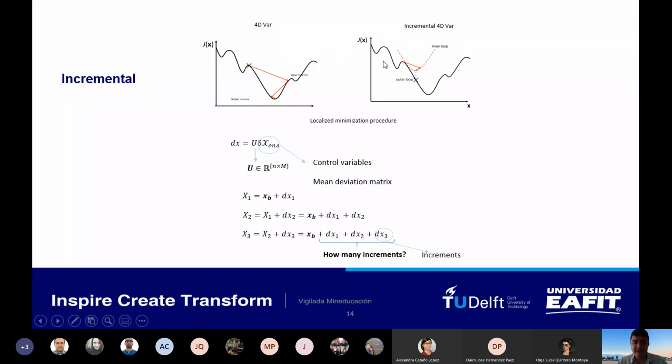In this graphic, you can see the difference of two methods of minimization, and you have the risk in the 4D-Var that if you have not tuned the parameters of the minimization procedure, maybe you are not going into the minimum. You can be trapped in a local minimum, for example. And the opposite in the incremental, you can go step by step, no matter if the step is small, but you are going to the proper minimization point.